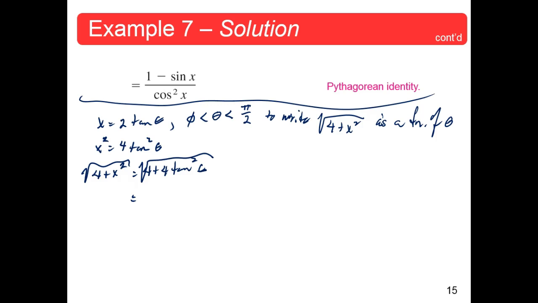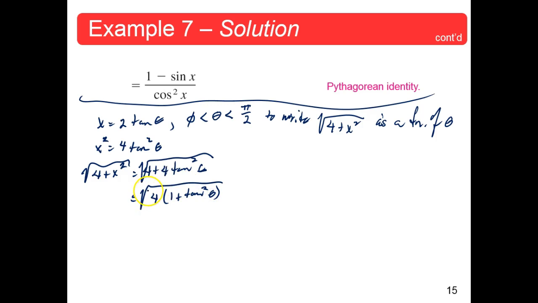Now I can do it in pieces. What's your F word? Have I told you all that one? Maybe not. Okay, sorry. Factor. Factor, exactly. Let's factor first. That would be the square root of, what can you factor out of that? A 4. What are you left with? 1 plus tangent squared theta.